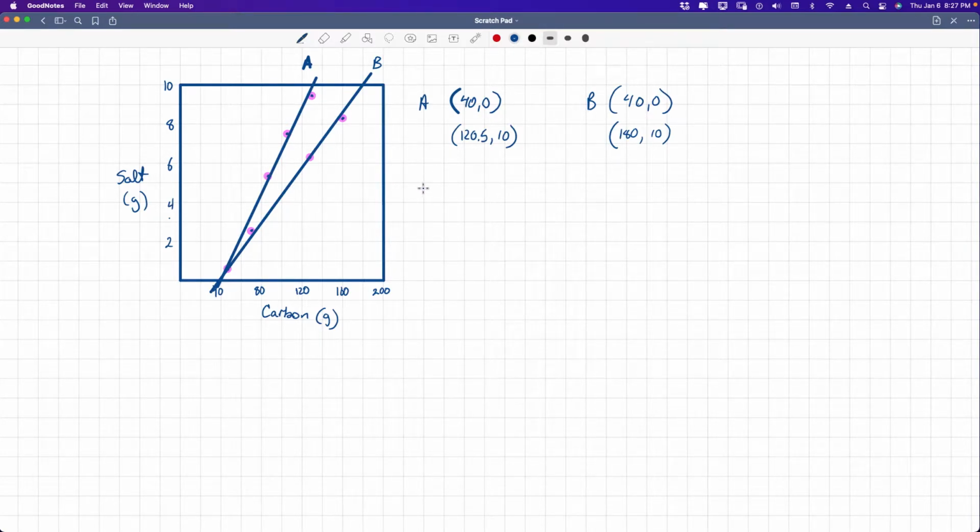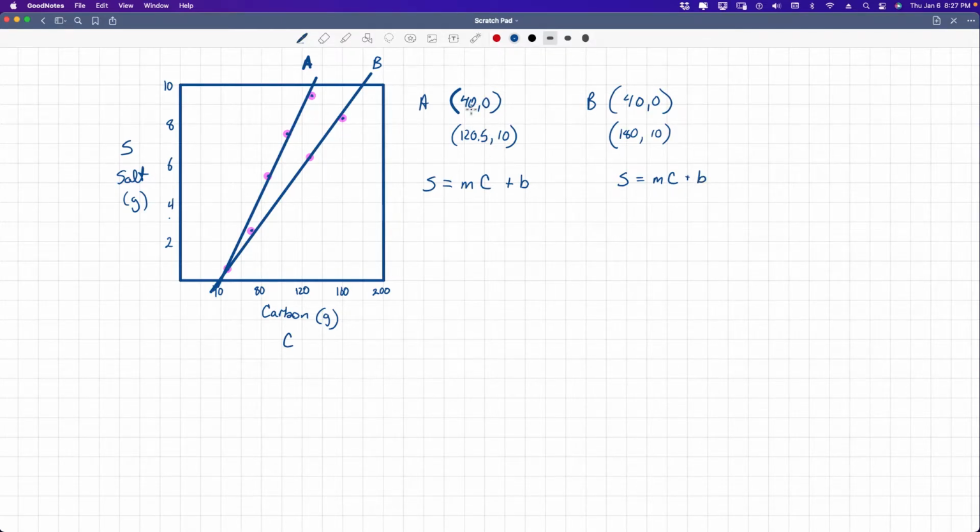So it is going to be salt. The symbol for salt is S. The symbol for carbon is C. Since S is my y-axis, it's going to be that S is equal to the slope of carbon plus B. And that's going to be for both of those. Salt is equal to the slope of carbon plus B.